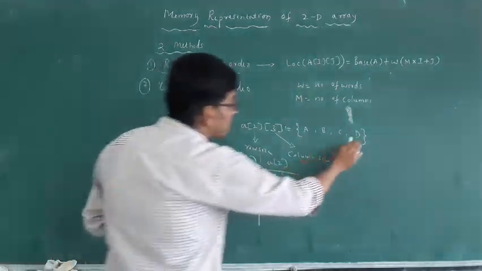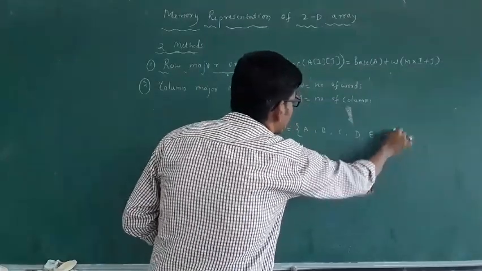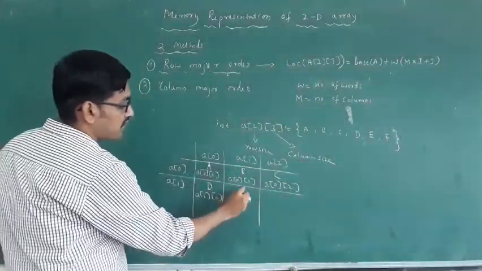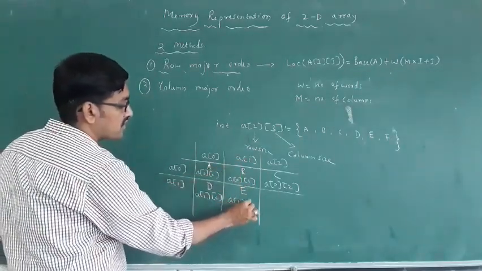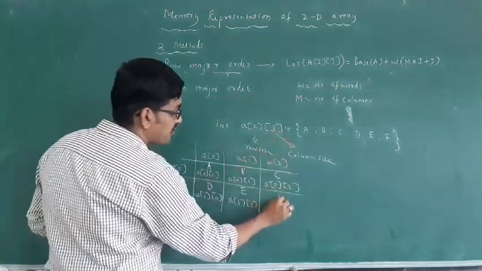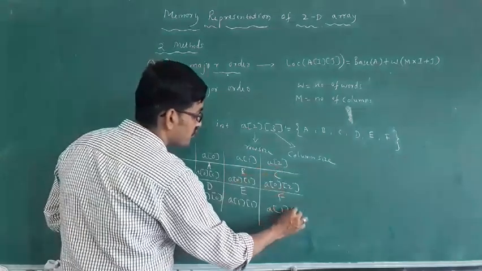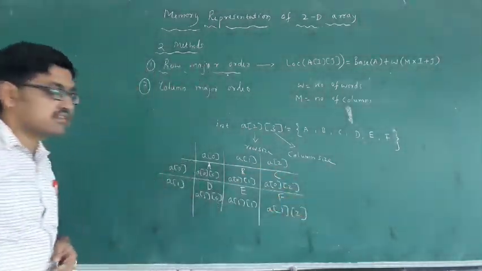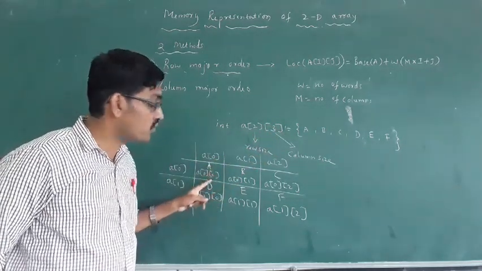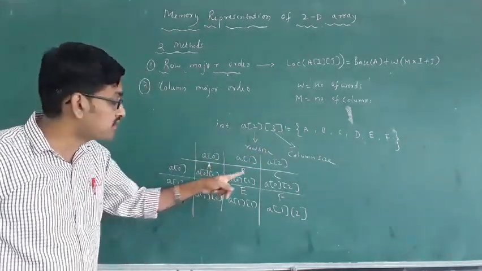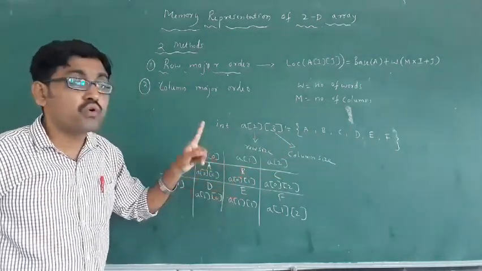Then for example, I am taking E and then F. E will be stored in A of 1 1. Then F will be stored in A of 1 2. This is how to store data, and in which position each will be stored. For example, B will be stored in A of 0 1.